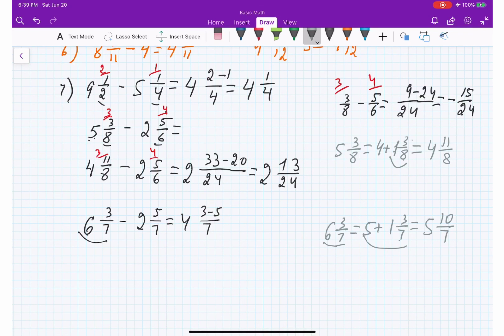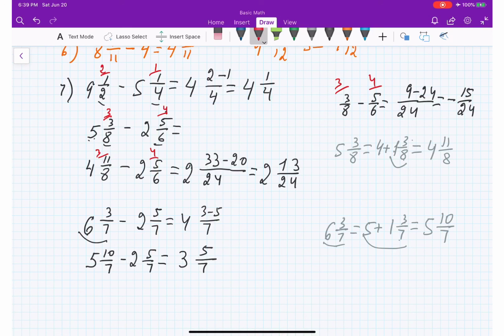Please go to addition of fractions, I explained there. So we get 5 and 10/7 minus 2 and 5/7, and we get 5 minus 2 is 3. Here is 7. 10 minus 5 is 5. And that's it. We got the answer.